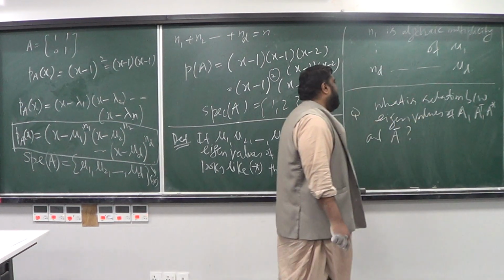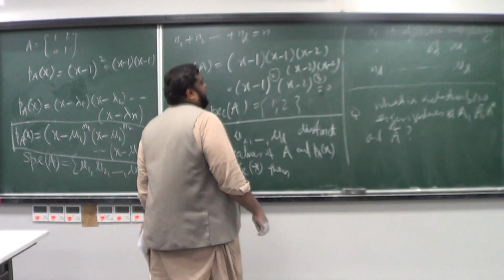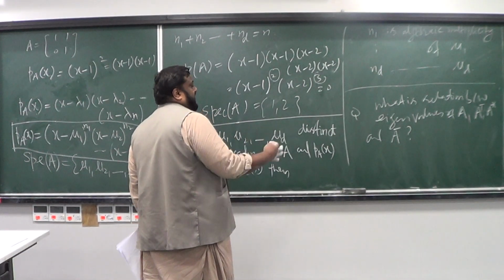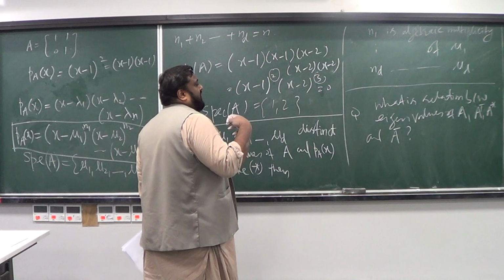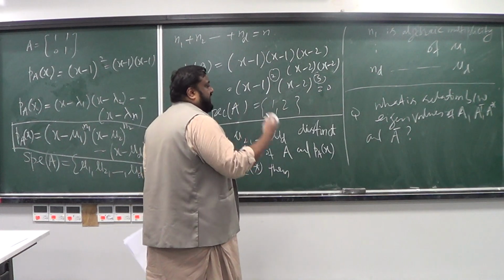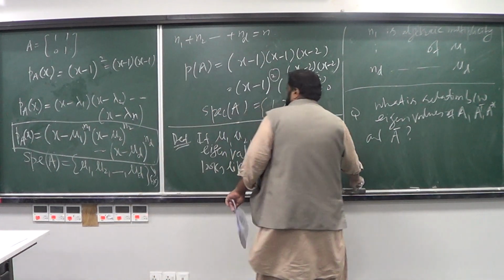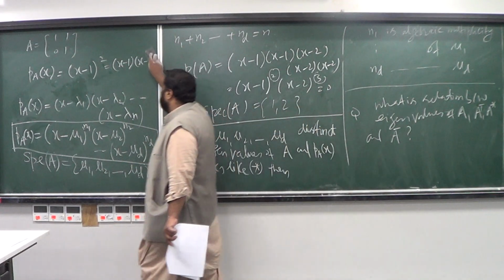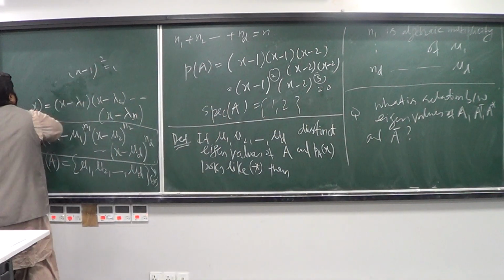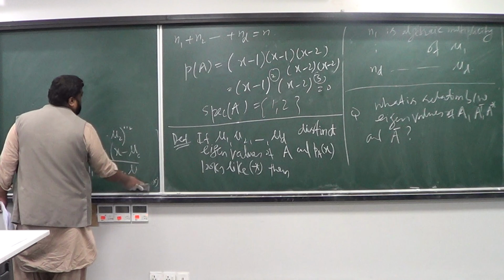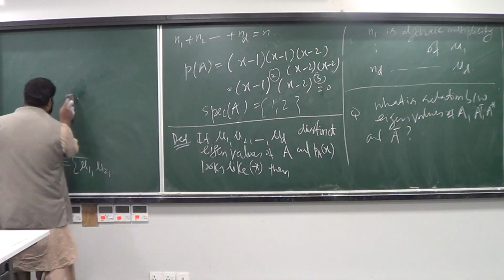What is the relationship between the eigenvalues of matrix A, A transpose, its conjugate transpose, and its conjugate? So here is a little theorem which is going to list all of these things.